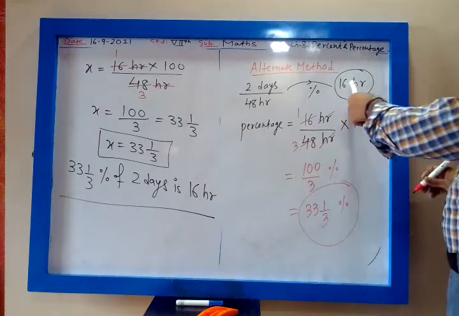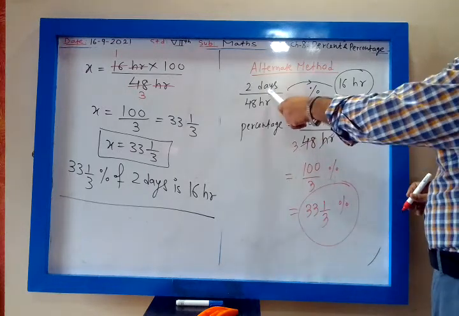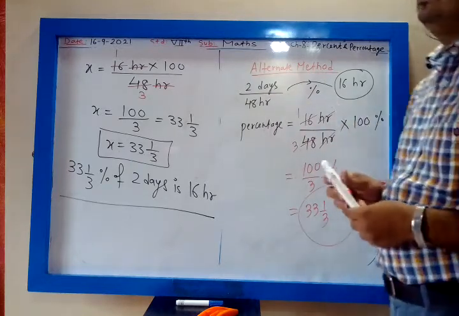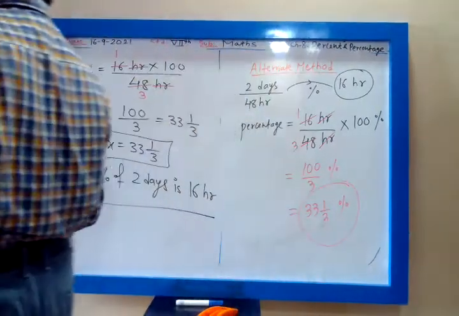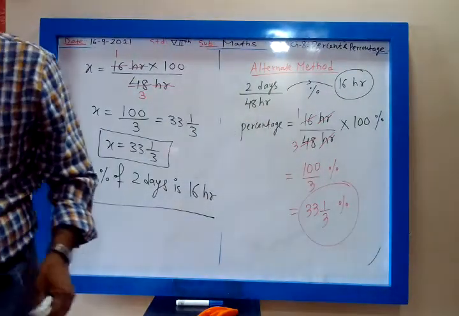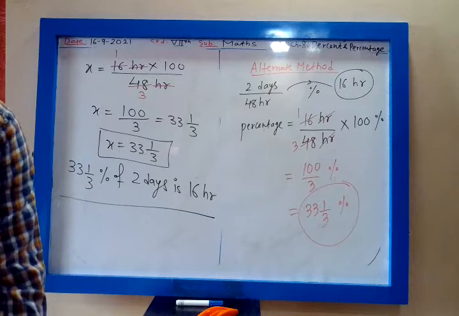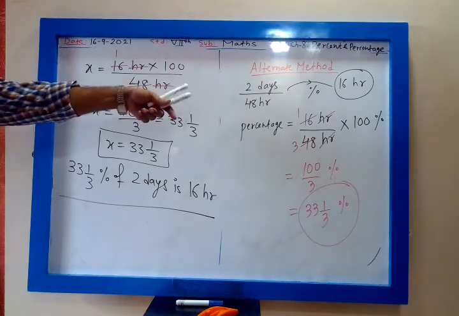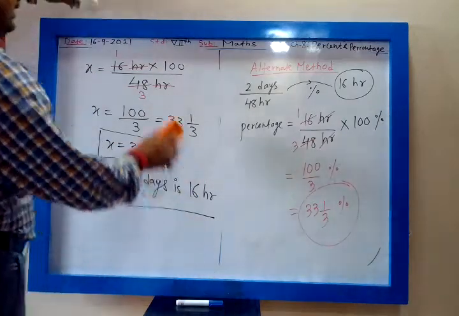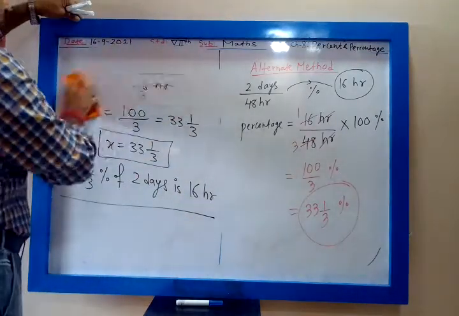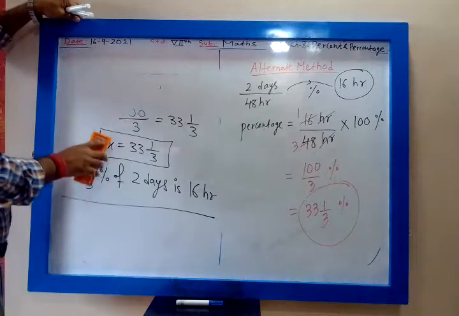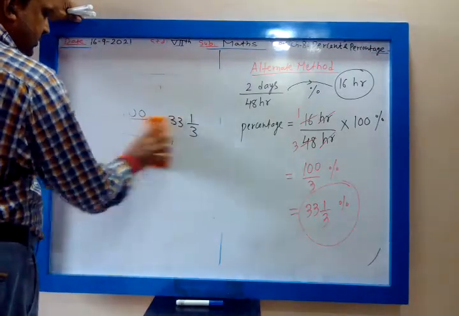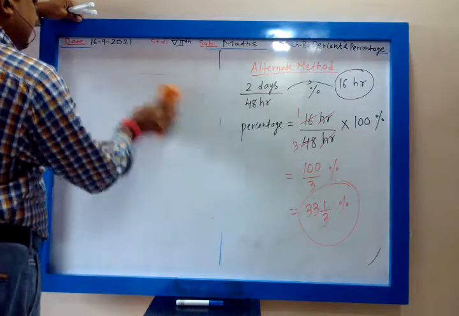The smaller number will be in the numerator, the bigger number in the denominator. It is a fraction, multiply by 100, and you will get the percentage. Which method do you find easiest? This one. Let us do all the problems by this method.